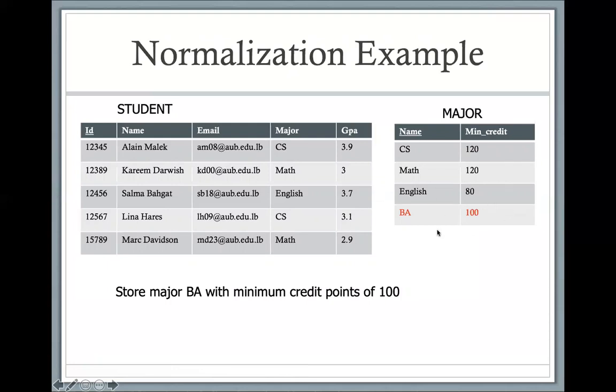This is not a problem because this table major has its own key. Again, if I delete this record, the Salma Bahgat record, then I still have the information that English requires 80 credits. So it takes care of all the anomalies we've discussed: the update, the insert, and the delete anomalies.